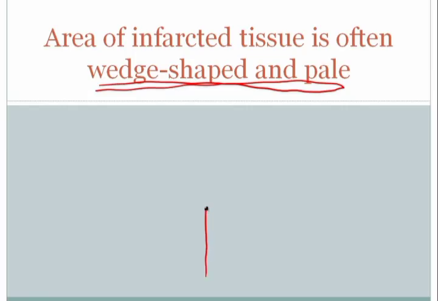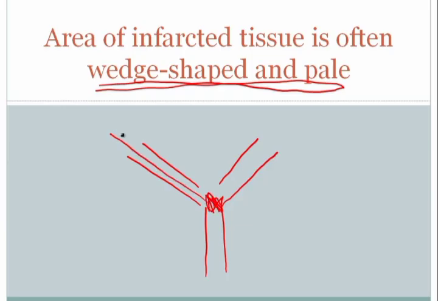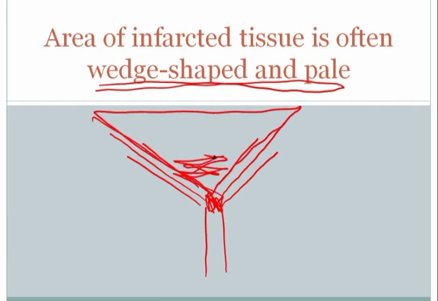So let's say that there is a vessel coming this way, and then there's a branch point here, and then another branch point here as the artery branches to feed the organ. If you cut the blood supply here, everything from this vessel and everything on this vessel is going to die, and everything in the distribution of this area will become wedge-shaped.